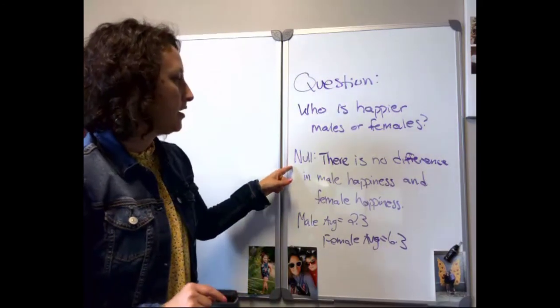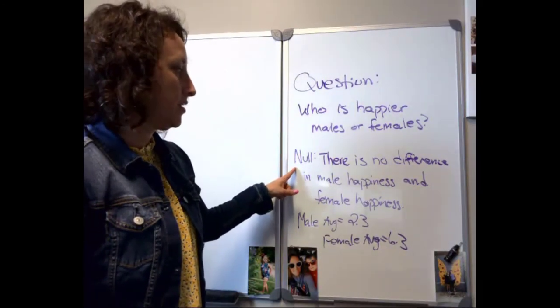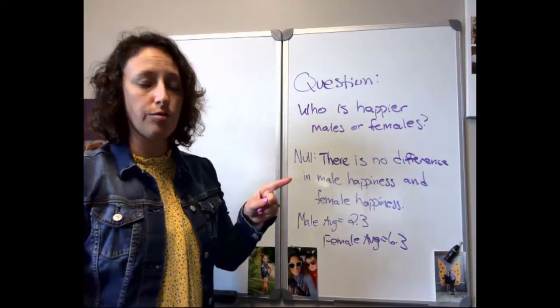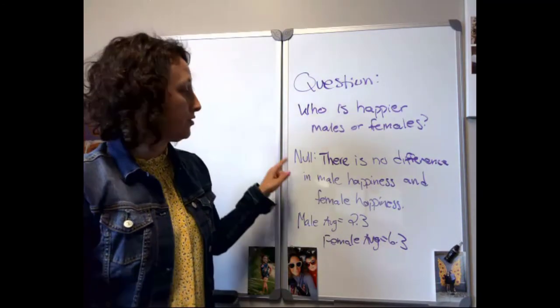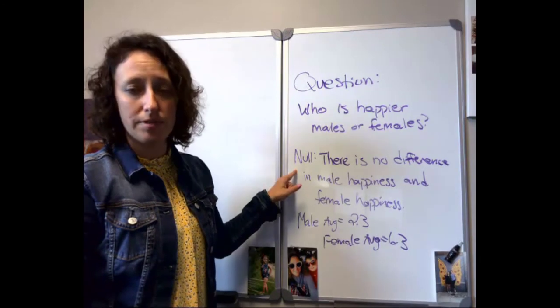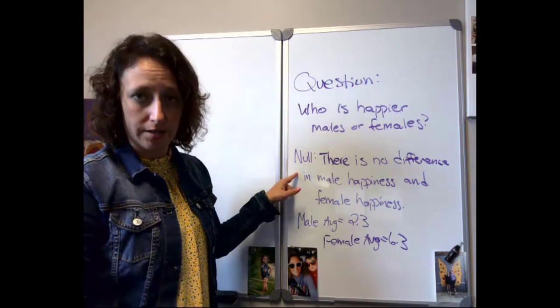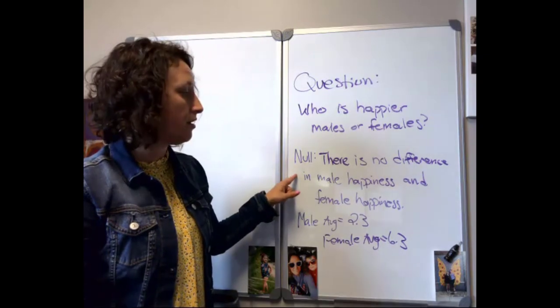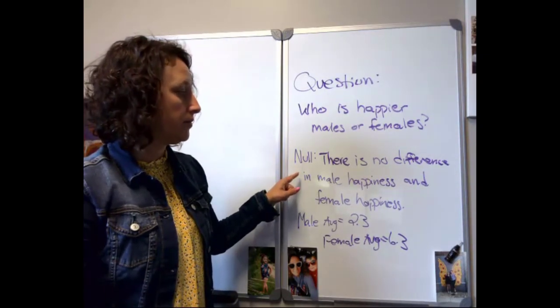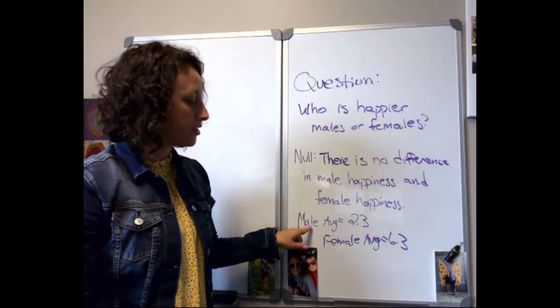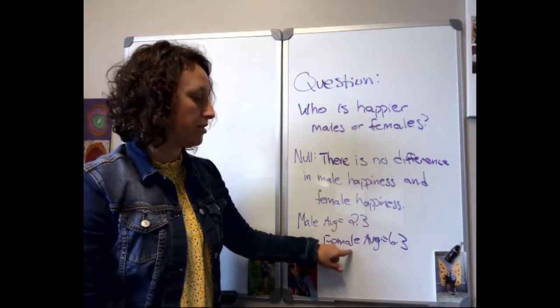So when we look at our null, there is no difference in male and female happiness. Now there are 2 possibilities for this null hypothesis. It is either true or it is not true. If it is true, we say we accept the null. If it is false, we say we reject the null. So if we reject the null, then we say this statement, there is no difference, is false. If I look at my averages, this is a really big difference between my 2 averages.